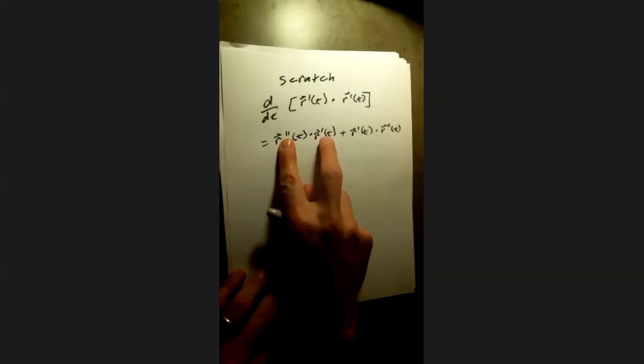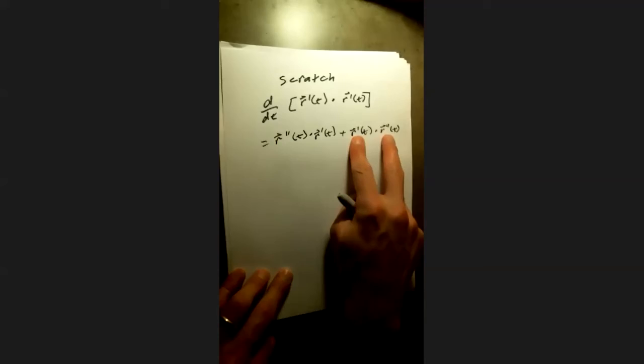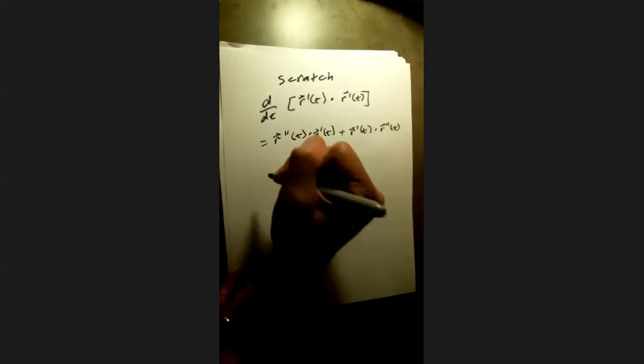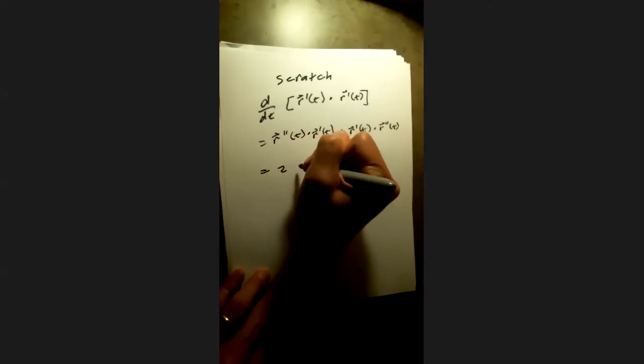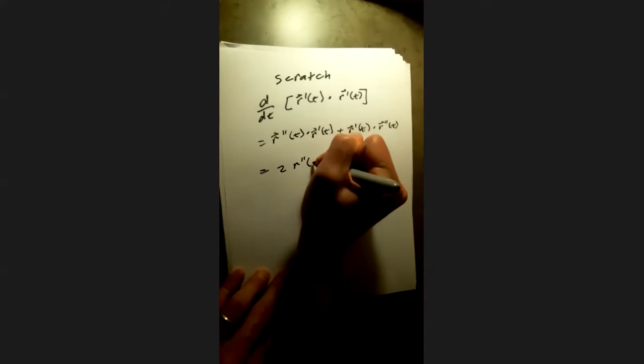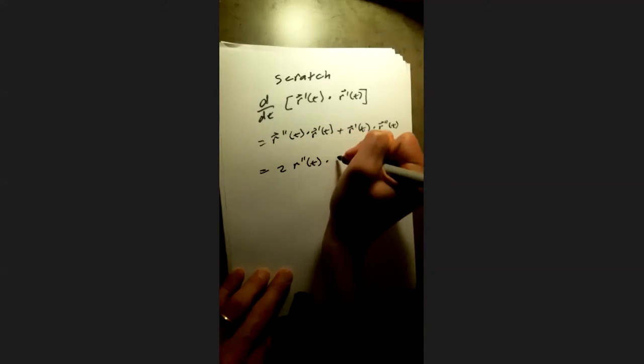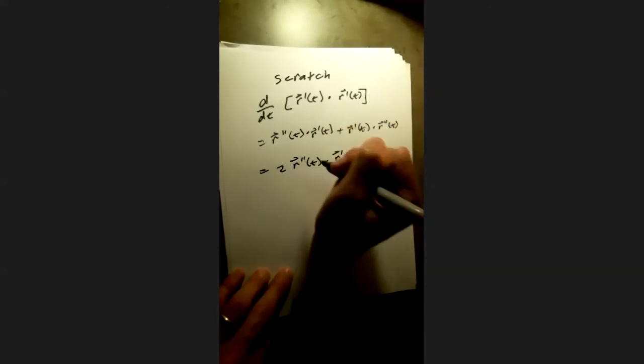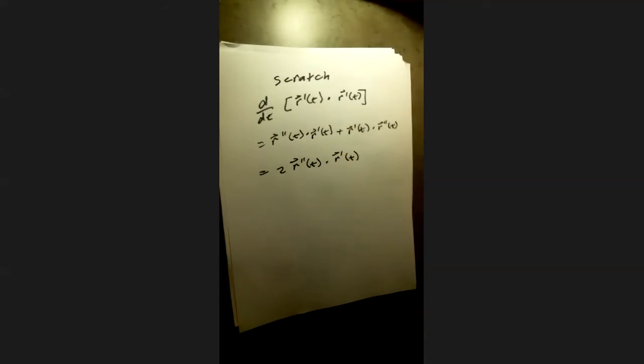Notice you've got double primes and primes, but with the dot product the order doesn't matter. So this would be equal to 2 r double prime of t dotted with r prime of t. Questions about this scratch work?